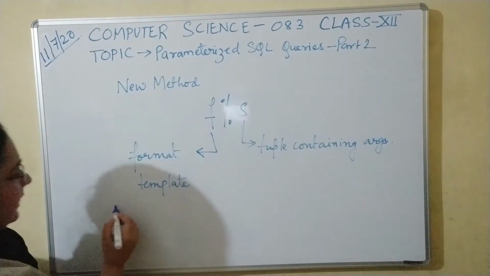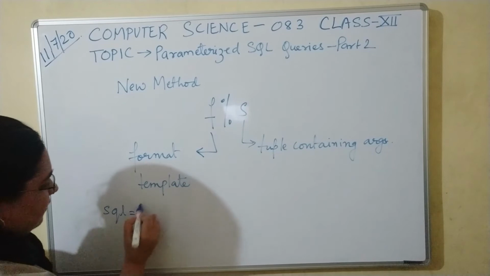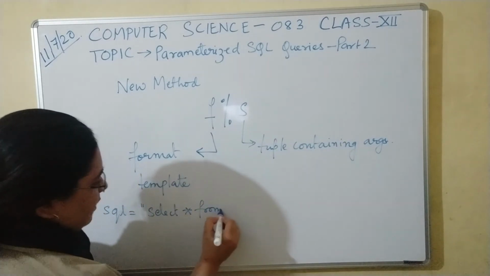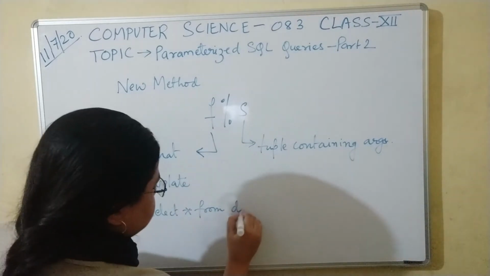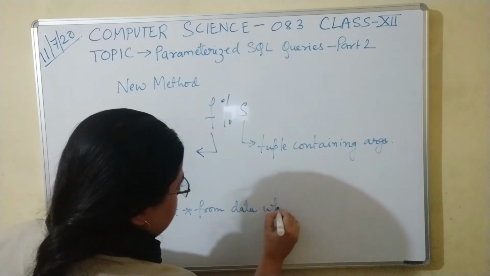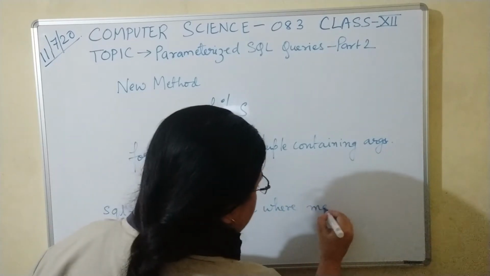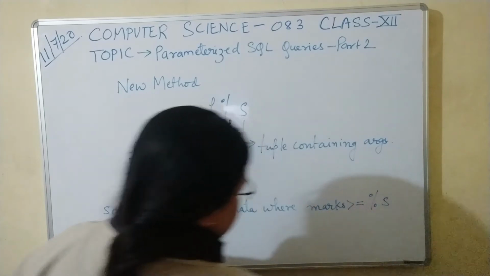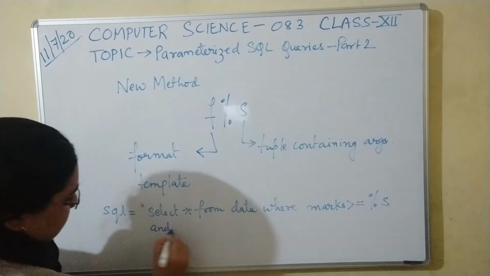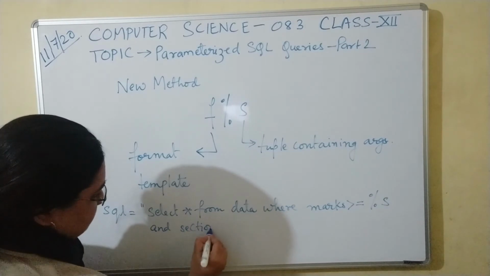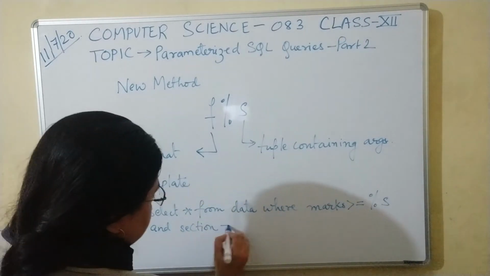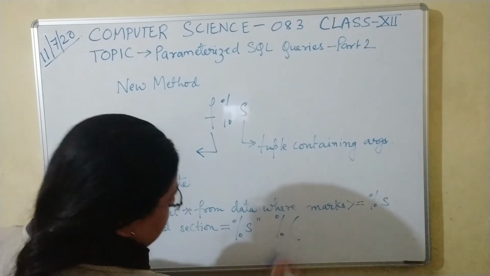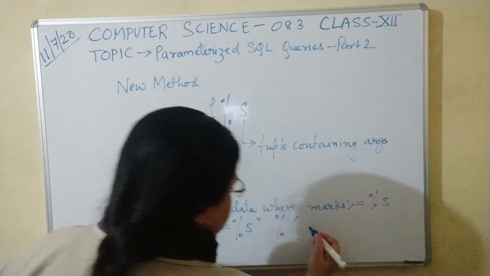In our respective SQL statement, we used to provide conditions in this way. Select asterisk from data where marks are greater than or equal to %s and section is equal to %s, and within a tuple I used to specify the actual values.